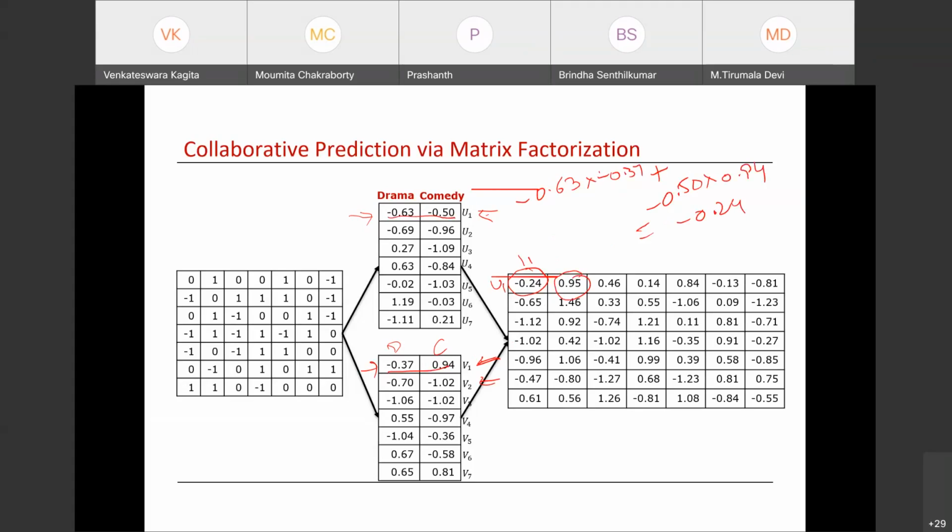Similarly, you repeat the procedure for the other entries. So like this, you will get a matrix of size n by m, where n is the number of users and m is the number of items, right? If you see this, it is trying to predict the rating as close as possible to the original rating.